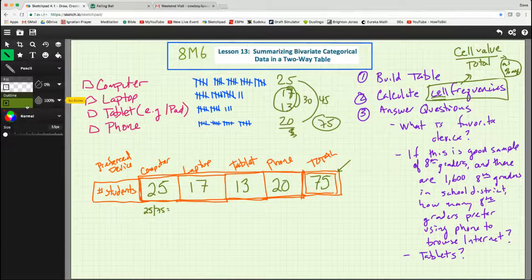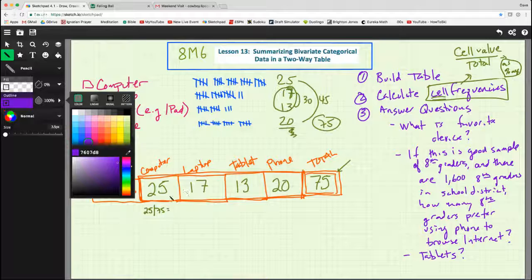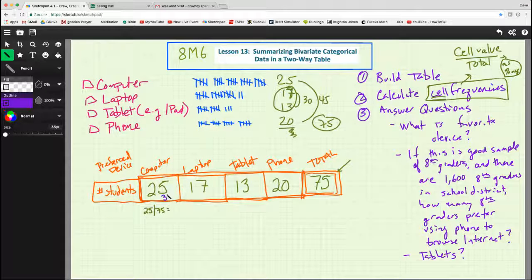Here, let's do it in a different color just so we can really call it out. So that's 30, and I'm going to round to the nearest percent. So it's 33.333%, but I'm going to round it to 33%. Now let's do the next one, 17 divided by 75, and I'm going to do it on my calculator. And so this is rounded, is 23.